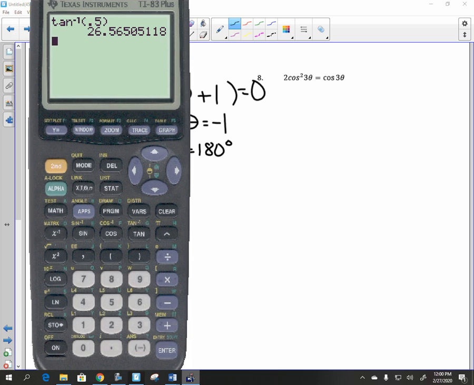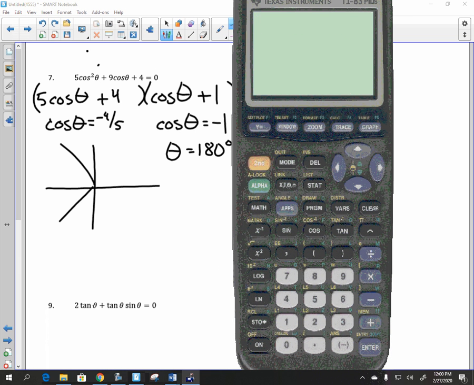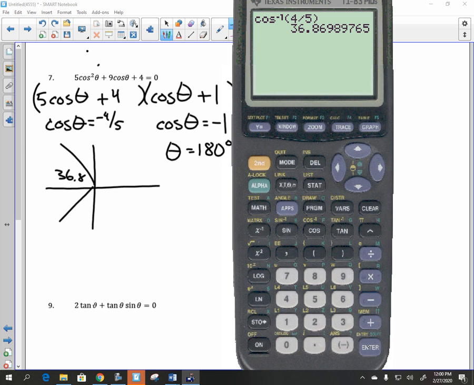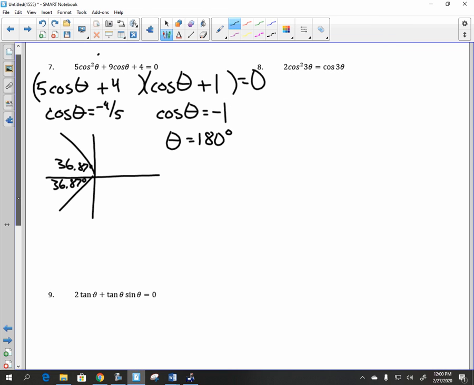Take out my calculator. And I cosine inverse 4 over 5. I get 36.87. So what is that angle? 143.13. The next one is going to be 216.87.